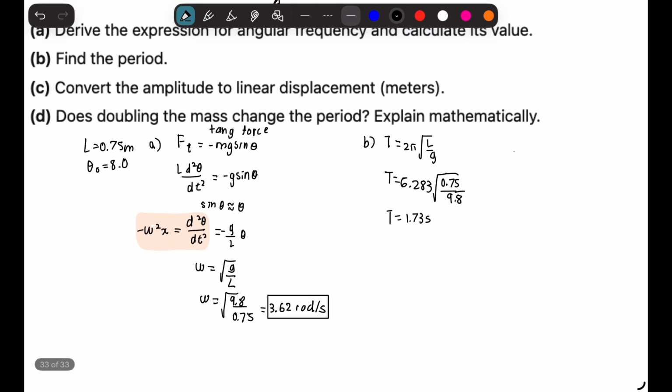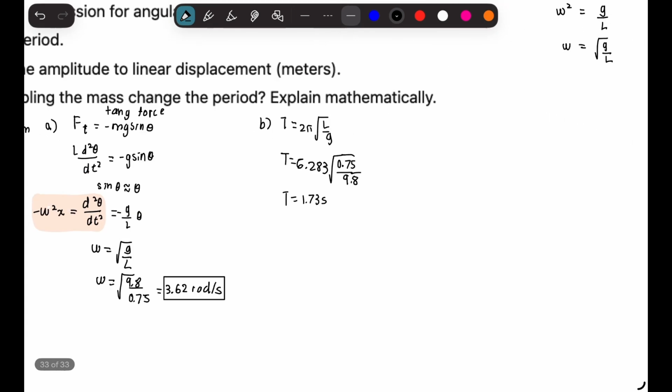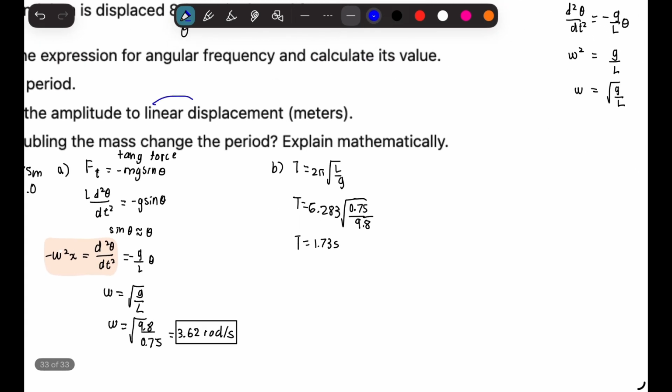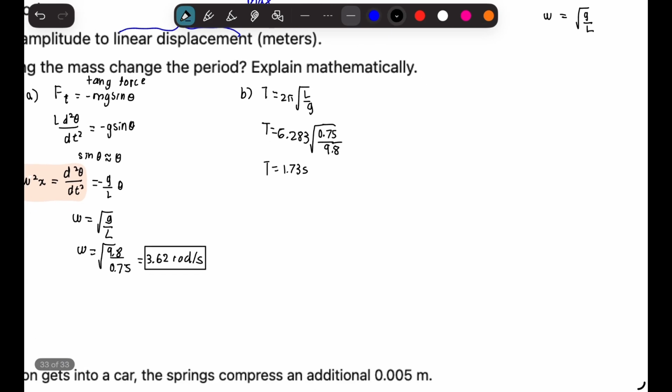Now, you want your linear displacement. Linear displacement is going to be our linear amplitude, because that is the max displacement. So those will be when your graph is at its peaks. We had to first convert our angle into radians because we were given it in degrees.